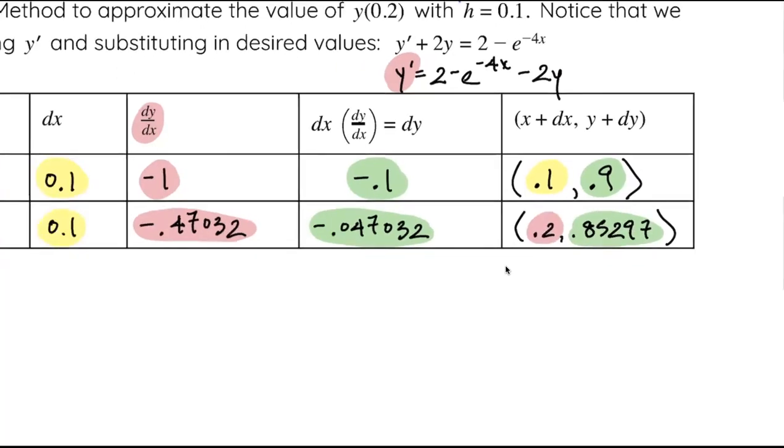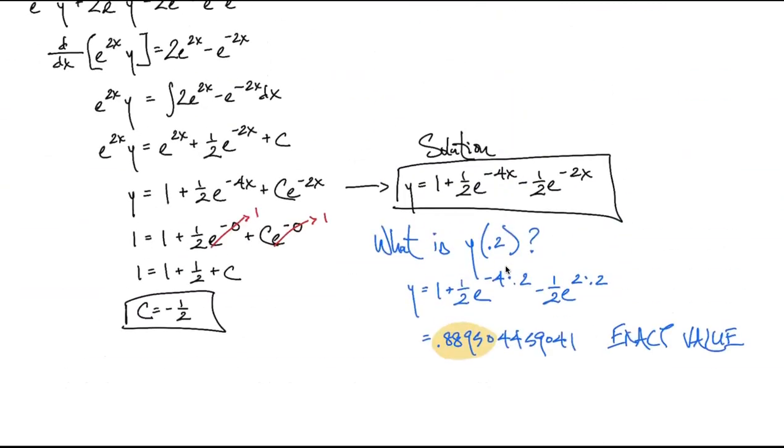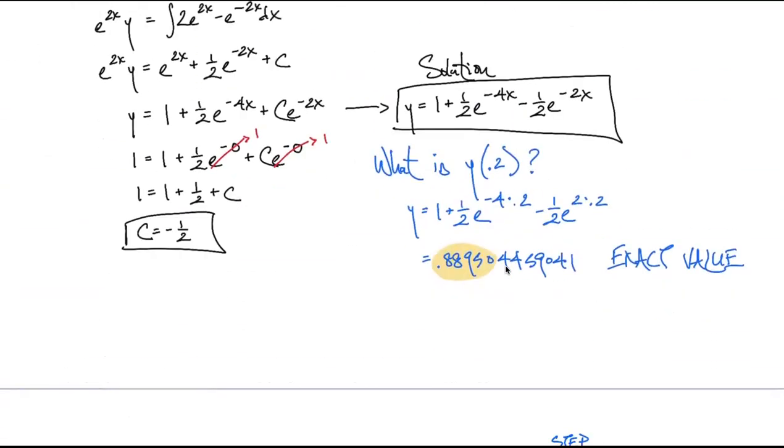All right. Now, before we compute the step where h equals 0.05, I want us to look at this number real quick, 0.85297. That is the y value when the x value is 0.2. That's an approximation. When we solved for the exact value, we found that it was 0.8895.